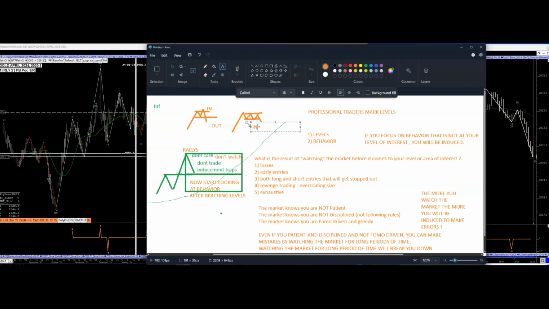This is in, and this is out. How is this an issue? It didn't pull back to a good level. In and out, stopped out. So it didn't pull back to a level.